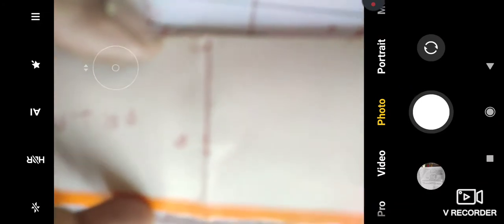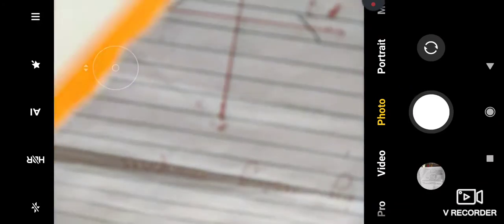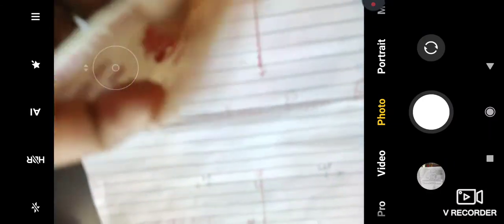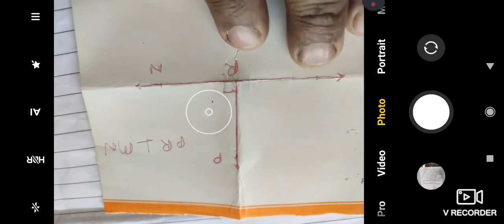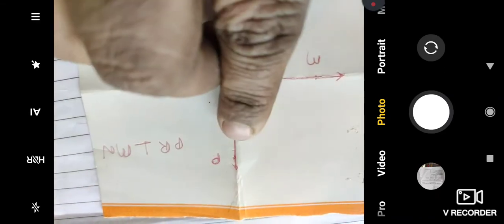Yes, and then afterwards we have to fold the same paper again from the point M. Okay, and then open this and draw the line from the sign of folding, and you will get here the line perpendicular to the given line from the point above the line by folding the paper. So this is the first method.